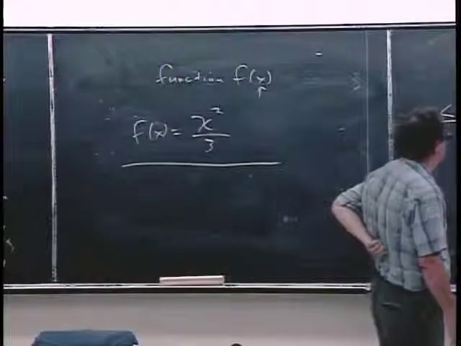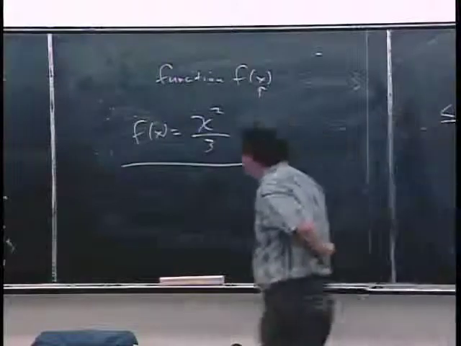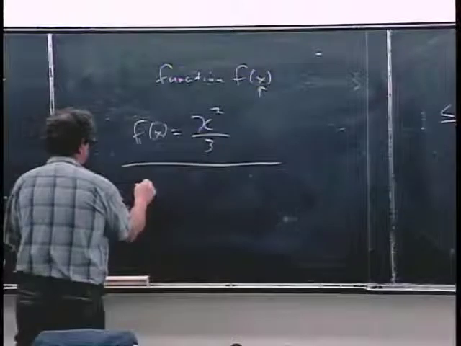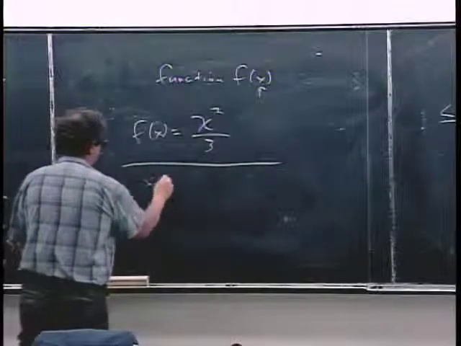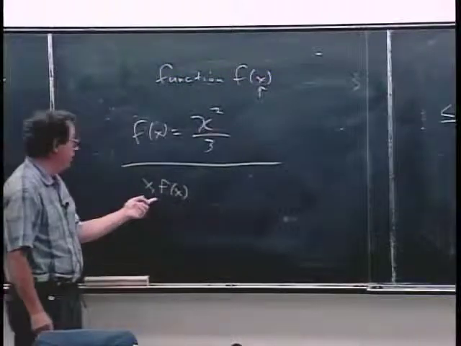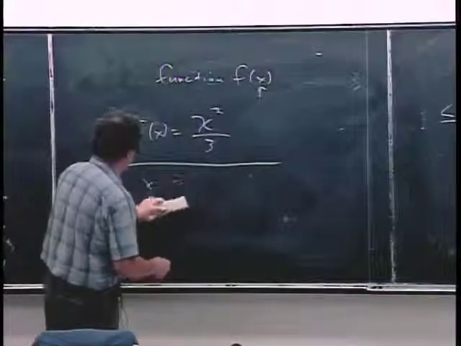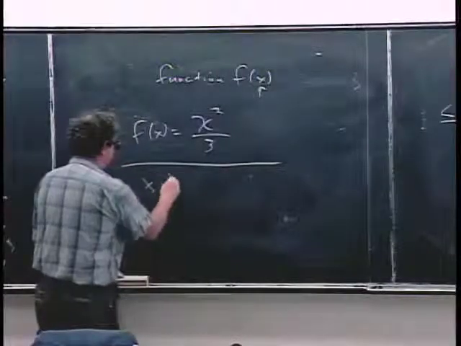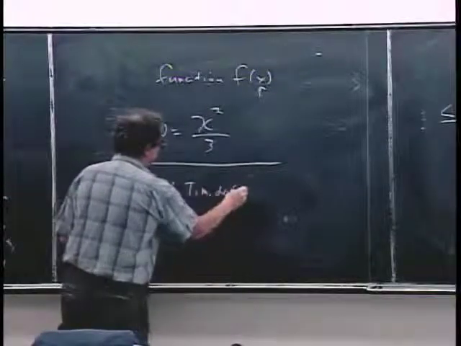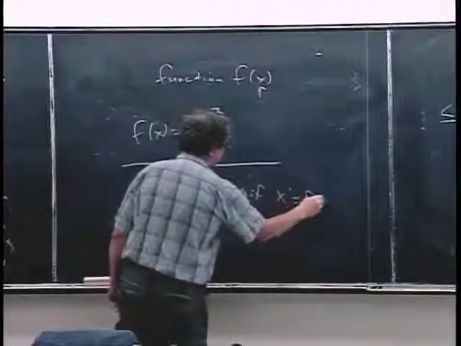And how do we think about a Turing machine as actually computing a function? We can think of it in a couple of ways. We could have a language where the input is x, x prime, and the Turing machine decides if x prime is equal to f of x.